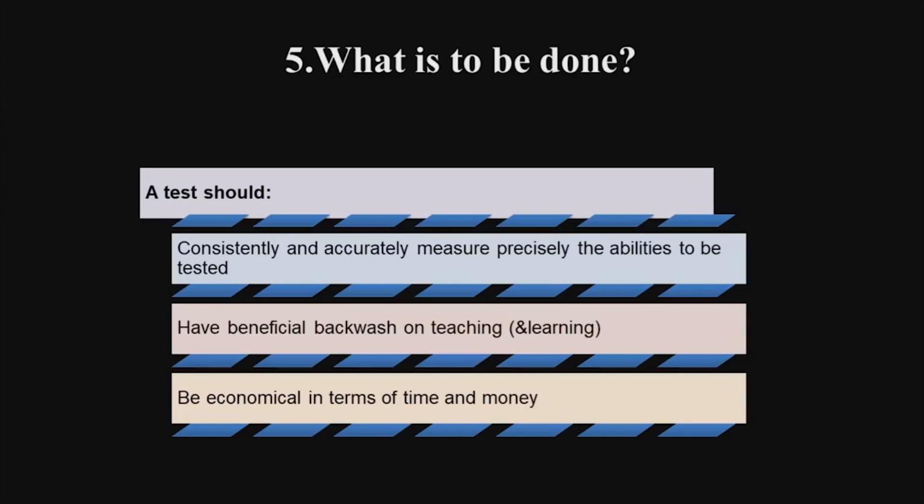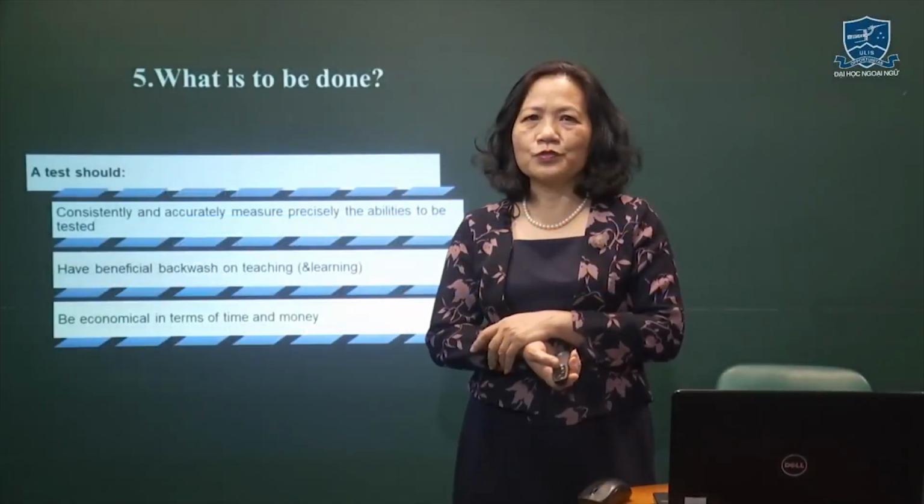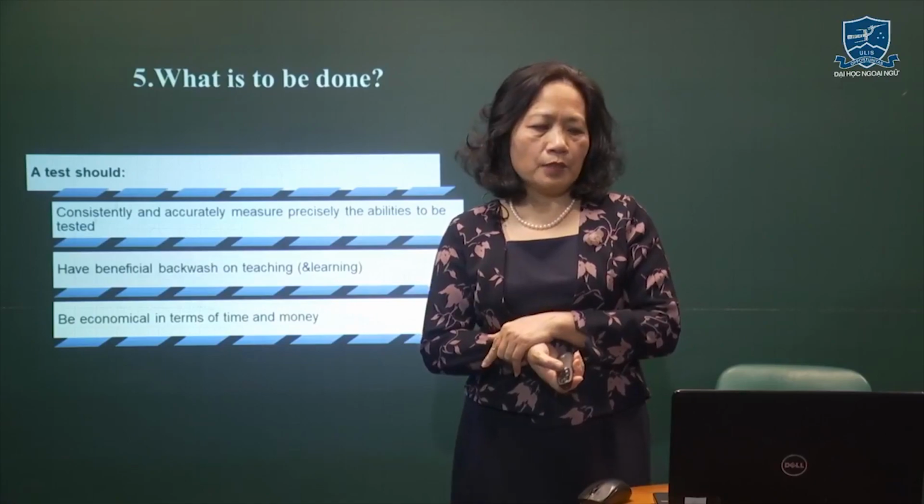So what should we do in order to have a good test, to avoid harmful washback and to promote beneficial washback of the tests that we use to assess students' ability?